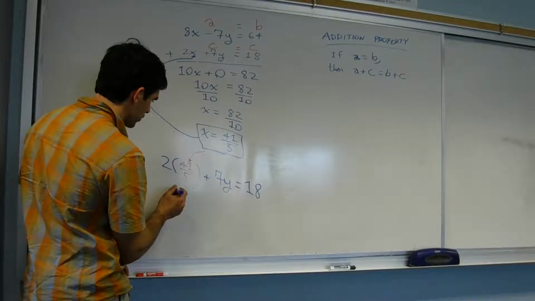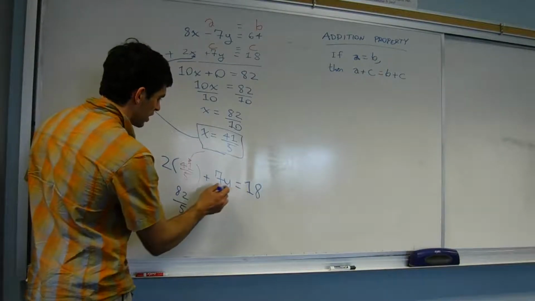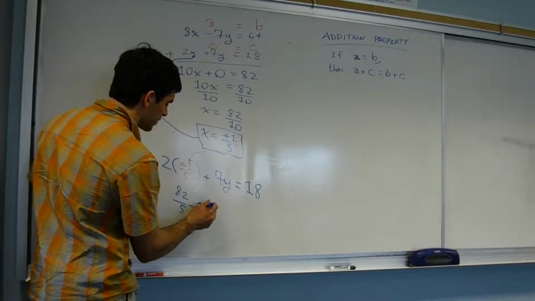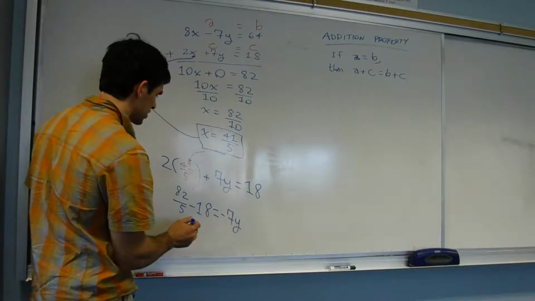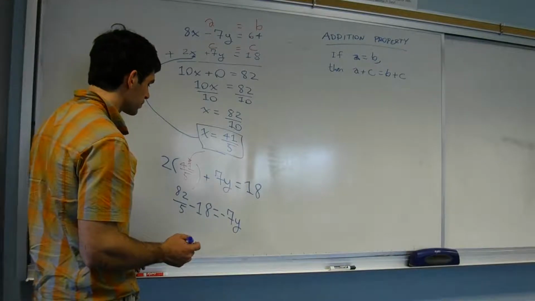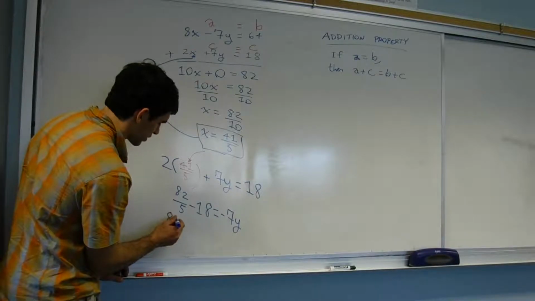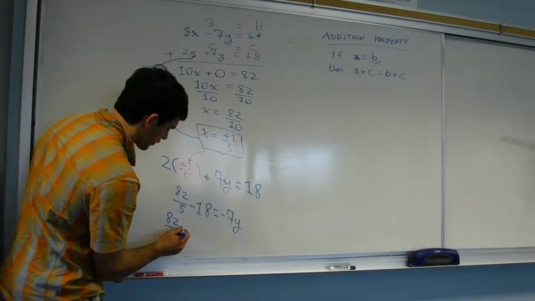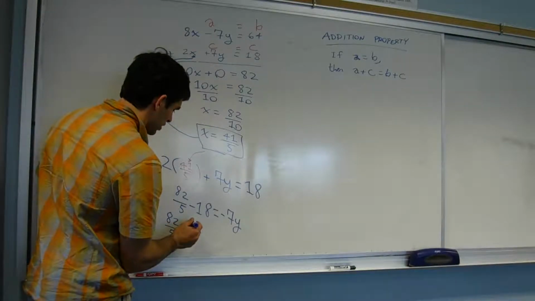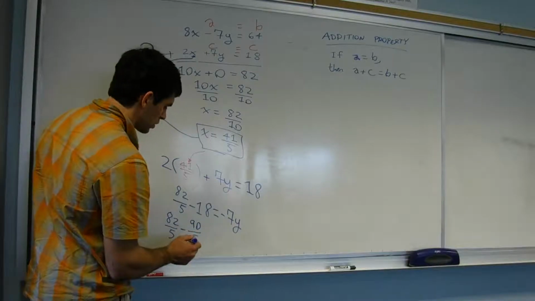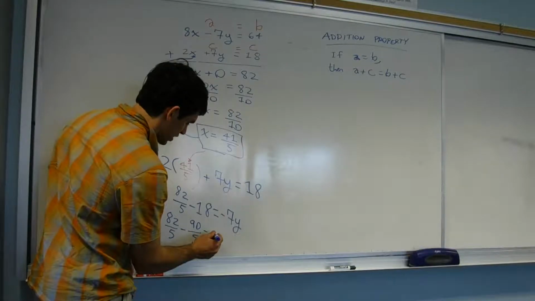So 2 times 41 over 5 is equal to 82 over 5. And if we subtract 18 from this side and subtract 7y from that side, we get this as our answer. 18, if we turn this into a fraction, we would get 82 over 5 minus, let's see, 90 over 5 would be equal to 18, is equal to negative 7y.